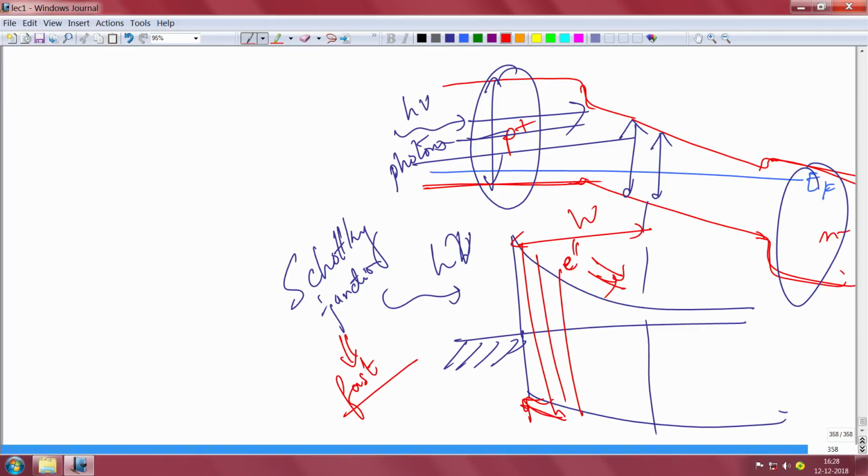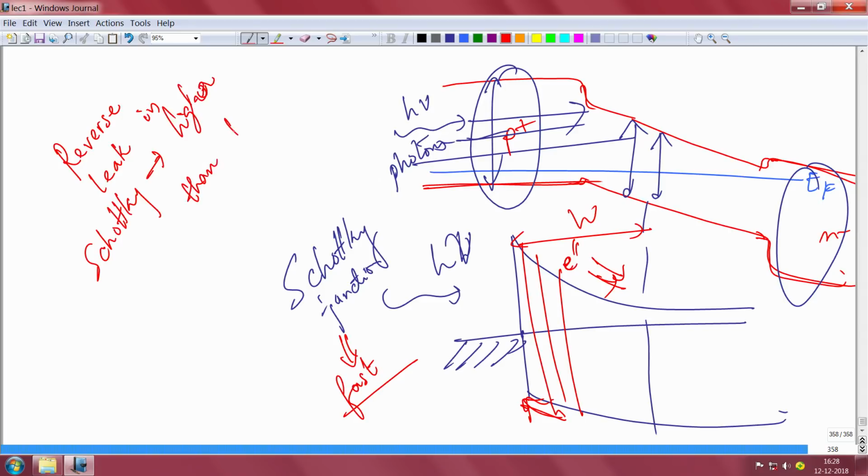So you don't have to worry, Schottky junctions are also used, but the dark current in Schottky junction will not be as good or as low as PIN junction, because reverse leakage in Schottky junction, from your earlier classes, reverse leakage in Schottky is always higher than leakage in what? PN junction. Remember, of the same material, I am talking about same material.